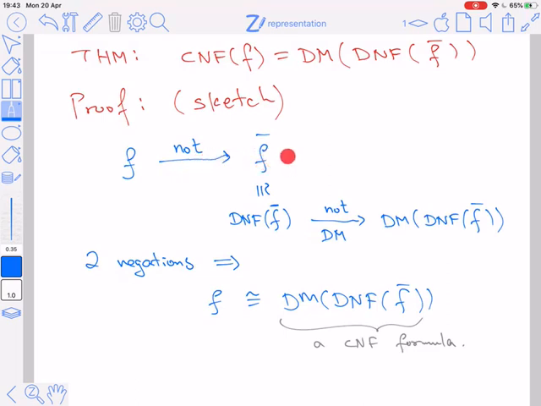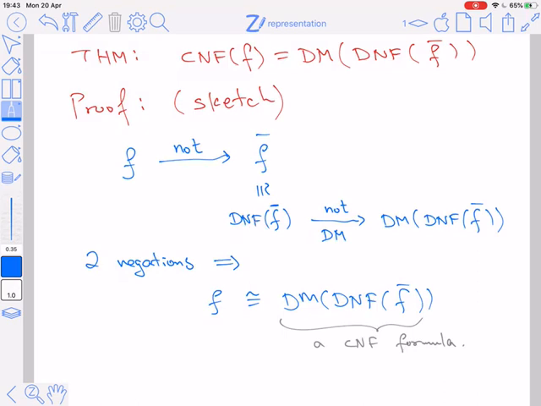Now let's express the negation of f by a DNF formula. Now, this we know how to do, right? This is the summation of the minterms of the negation of f. We have a theorem that tells us what this is.